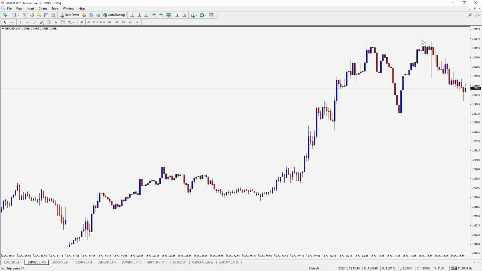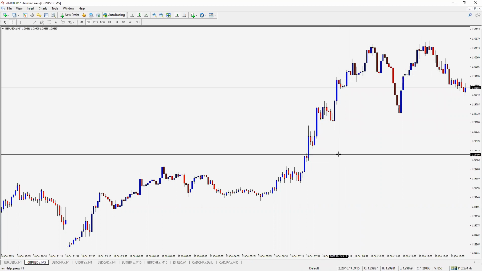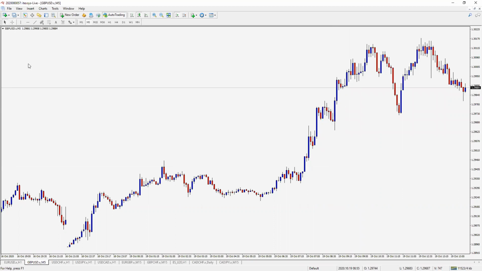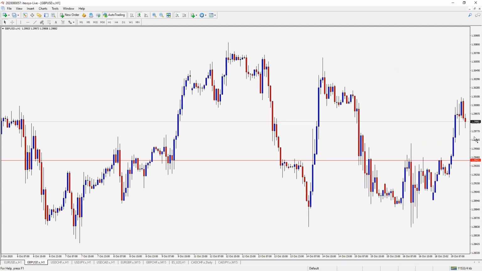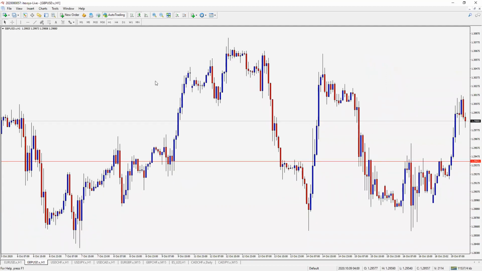And you can see that the price now couldn't really make a significant high above this one. I will take the chance as an intraday trader at this demand here at the very bottom, if the price reaches there. This is how it looks in this H1. So that's for the GBP against the US dollar.